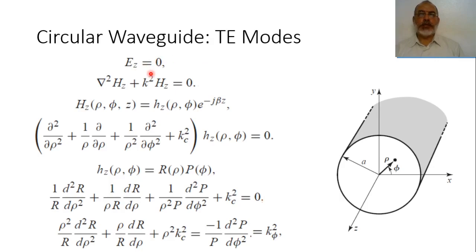In this case, the wave equation would be solved for the longitudinal magnetic field component Hz, and from Hz we can obtain the transverse field components E rho, E phi, H rho, and H phi.